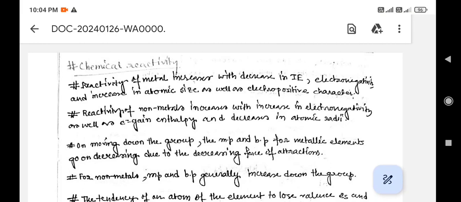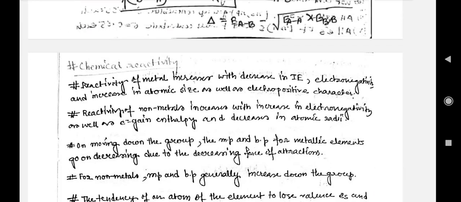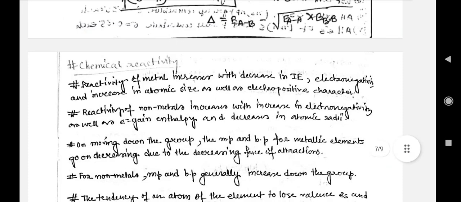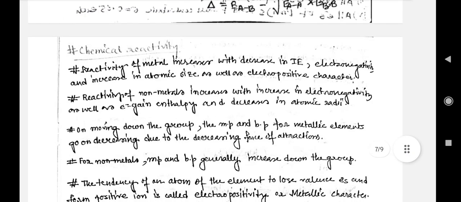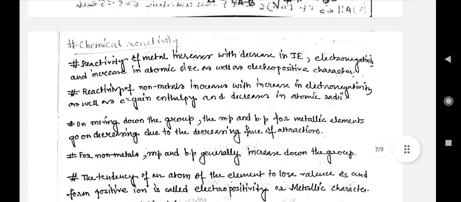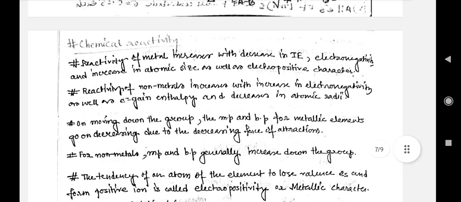Okay, now the reactivity of non-metals. Non-metals are the atoms on the right side of the periodic table. Their reactivity increases with increasing electronegativity. When electronegativity is high, their reactivity is high, because they attract the incoming electron towards the valence shell.